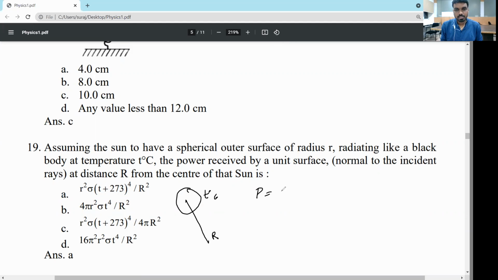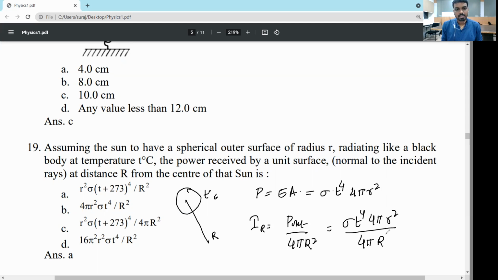Now power radiated will be e times sigma T to the power 4 times A, where A is 4 pi r square. This is P out. So intensity at point R will be P out divided by 4 pi R square. That means sigma T to the power 4 into 4 pi small r square divided by 4 pi capital R square.